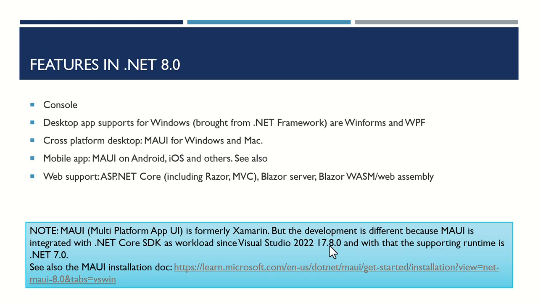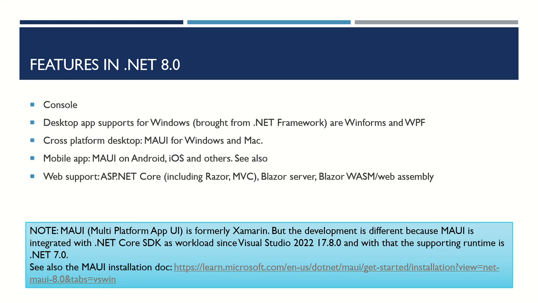But at that time, we also know that they changed the progress, and then you can only run MAUI at the beginning with .NET 7. Now that we have .NET 8, you can still have MAUI, but since .NET 7, the way that you have MAUI on your machine is either through the Visual Studio installation or you can get it as a .NET workload. I'll show you later in the doc.